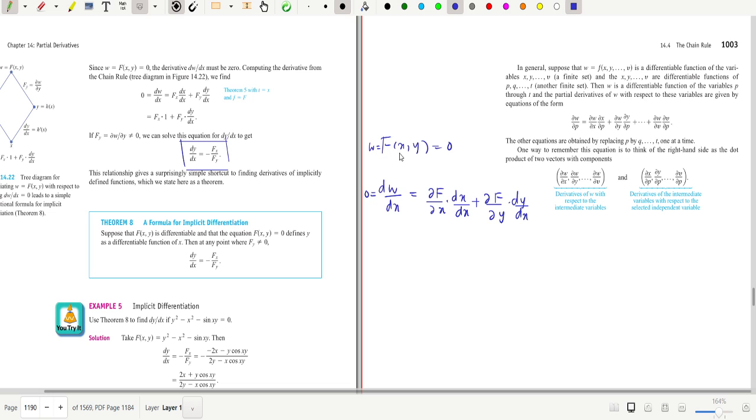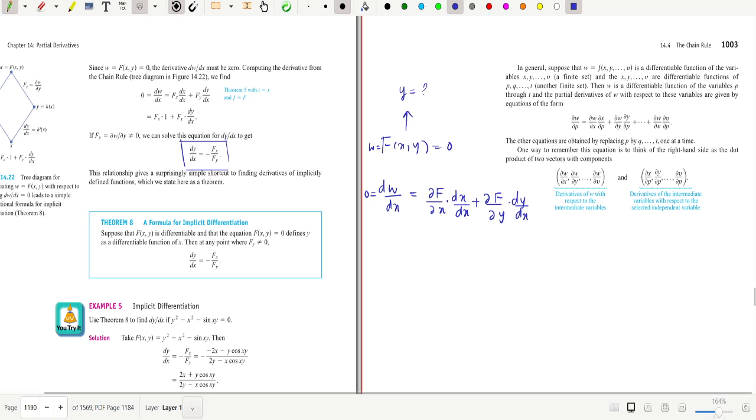In fact, this w is a function of x and y. From this equation x and y are not independent variables, but one variable can be expressed in terms of the other. So y can be written as a function of x from this equation.